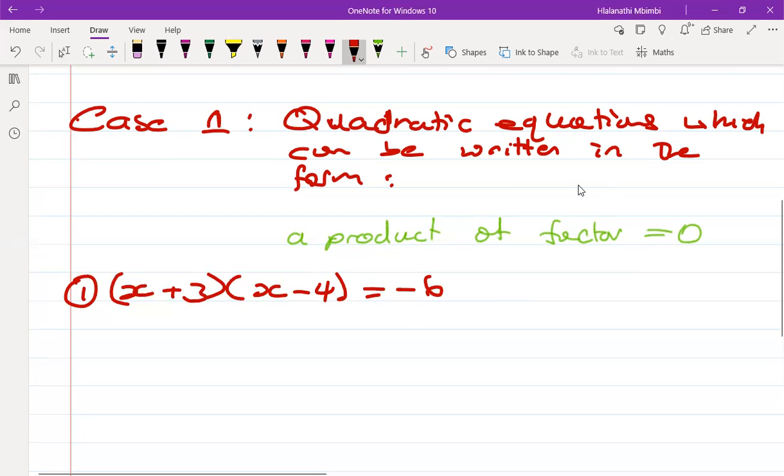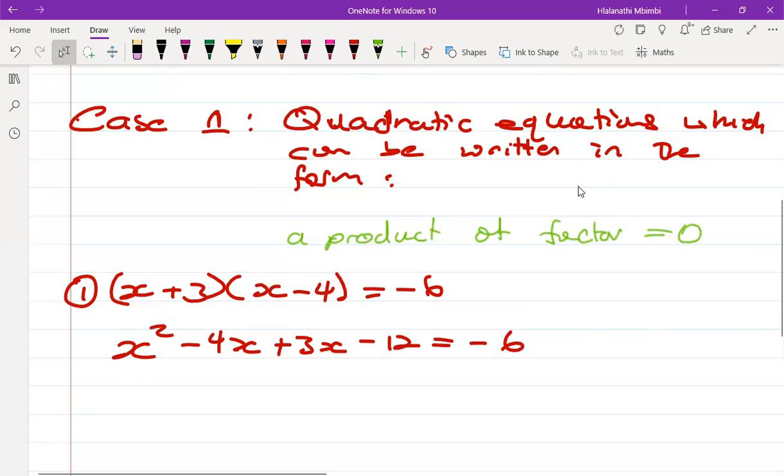So this is where your knowledge of simplification comes in. So this is x squared minus 4x plus 3x minus 12 is equal to minus 6. Now this becomes x squared minus x minus 12 is equal to minus 6.